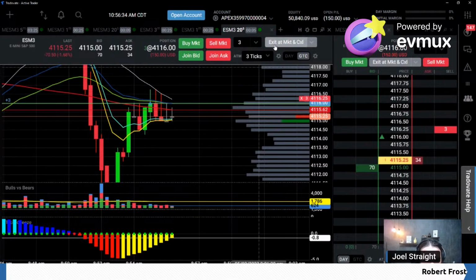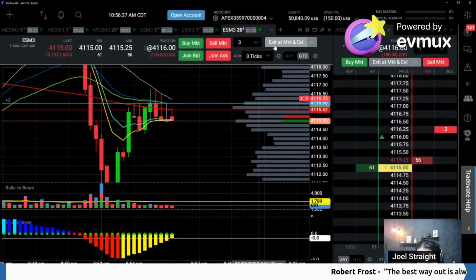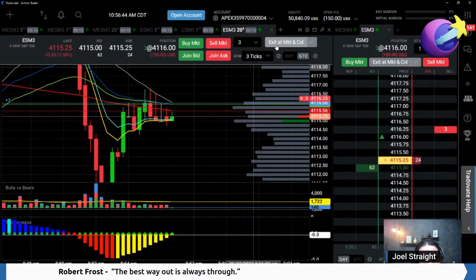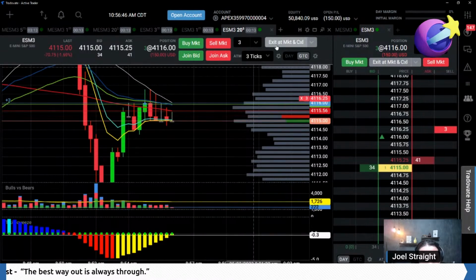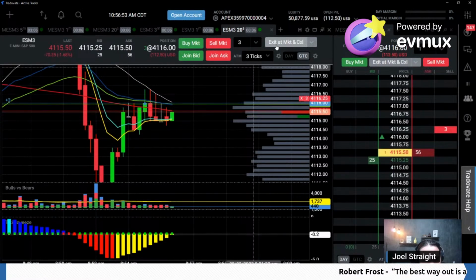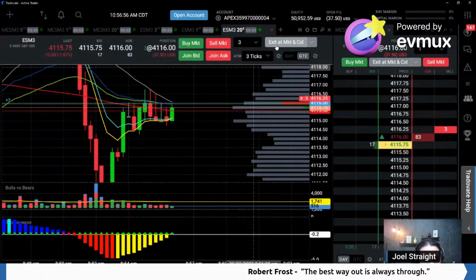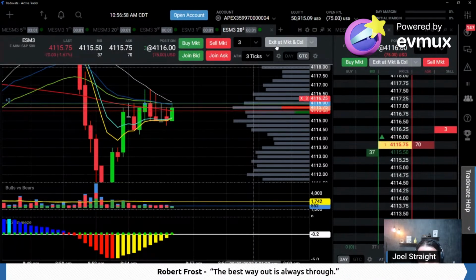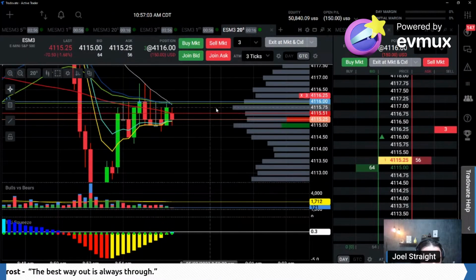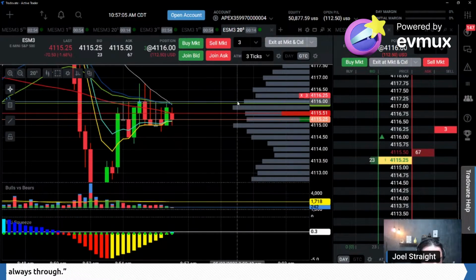Seeing a tiny little bit of buyer momentum, not much. Resistance at 16, which is my entry. Should have waited a little bit longer.